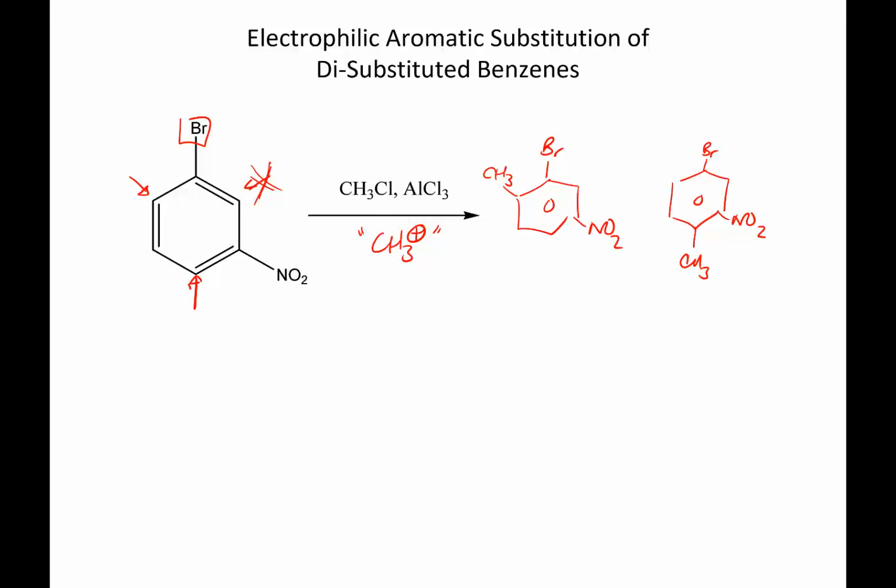When you have to write these products out, if you get two distinctly different products, then you do have to write them out. So if it's a meta direction, there's just one. If it's an ortho-para, you have to write both. Or if it's meta directing and it gives two different products, you have to write those two different products as well.